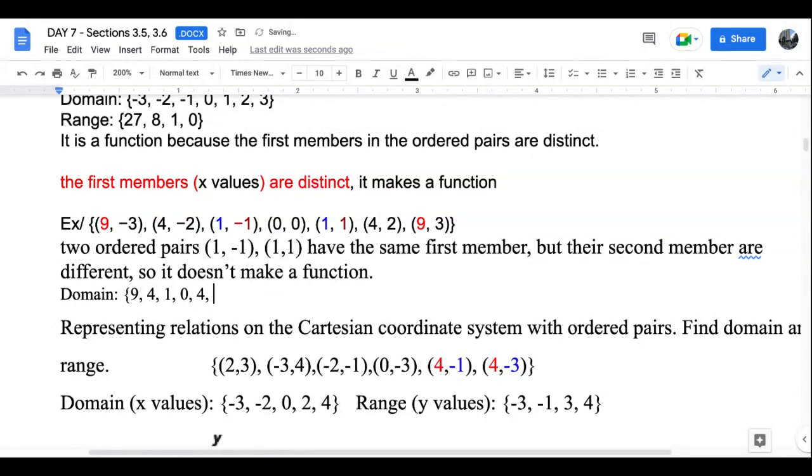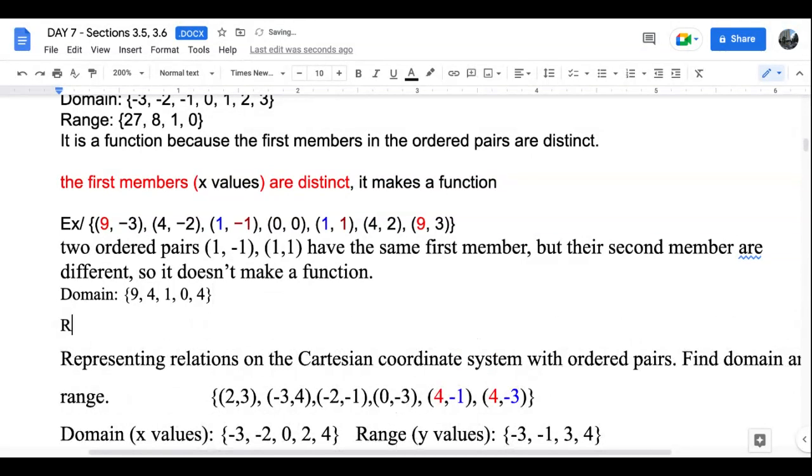Since 1 is there already, we don't have to repeat it. 4 and 9 are there already, right? So that's the domain. And the range: -3, second member, -2, -1, 0, 1, 2, 3. Right? Range is the second members in the ordered pairs.